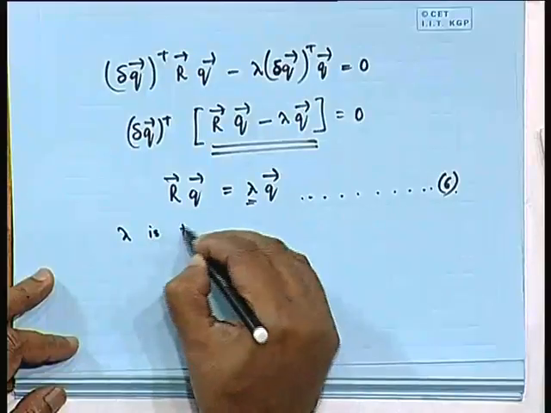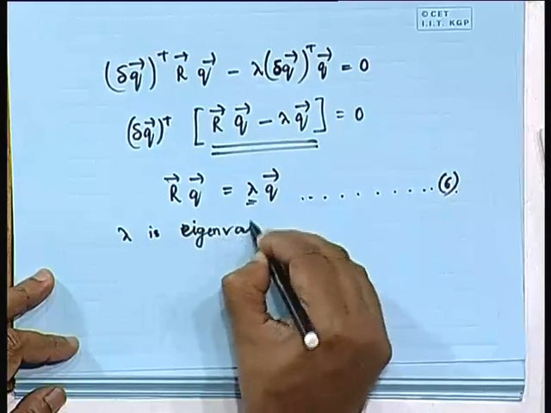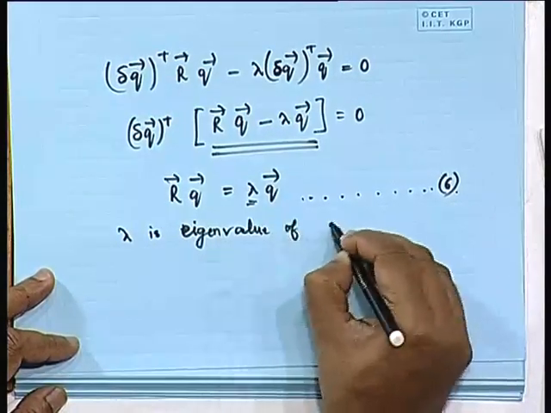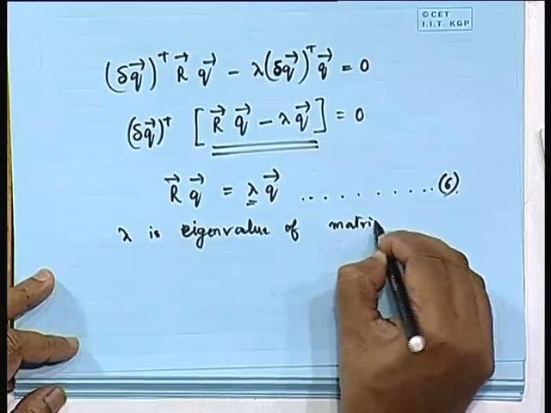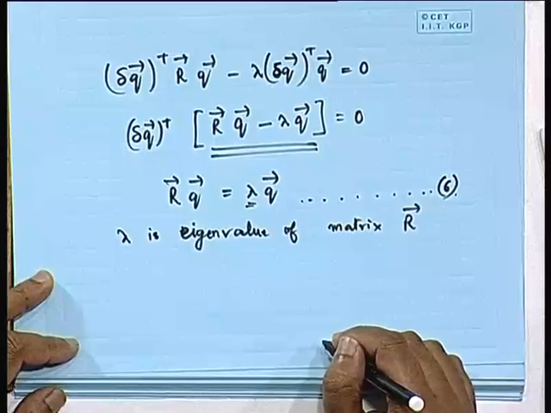So, what is the significance of this lambda? It is called eigenvalue, eigenvalue of the matrix R. So, lambda is called the eigenvalue of the matrix R, and R is of dimension m by m. So, how many such eigenvalues will be there?